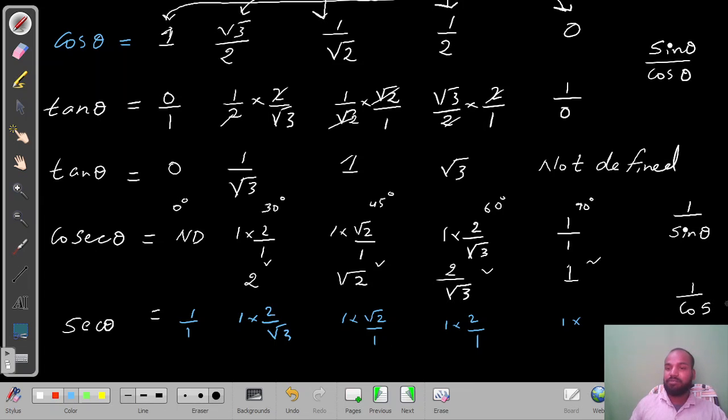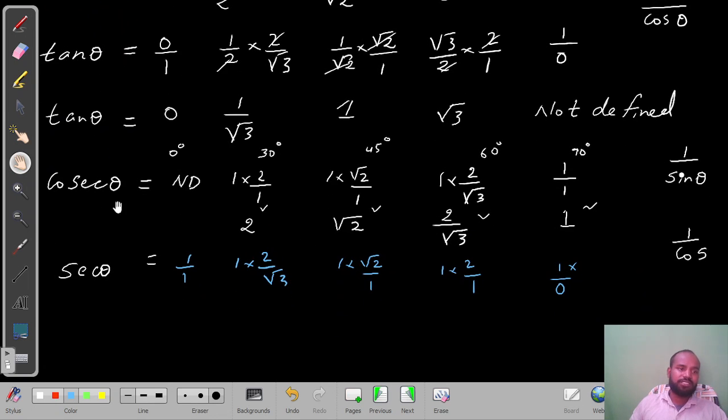Next, sec theta is 1 by cos. Cos is 0 here, right? So 1 by 0. We already know, what is 1 by 0? 1 by 0 is not defined. So what are the values we got here? Just check it, and we will check in the textbook too. Sec 0 is 1.